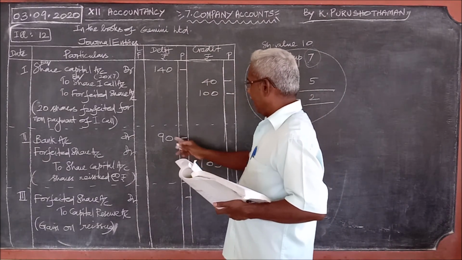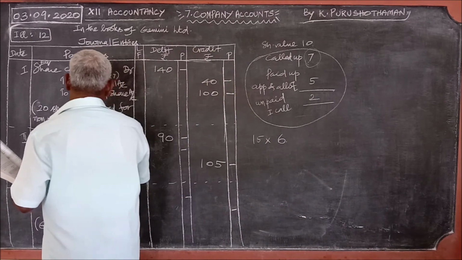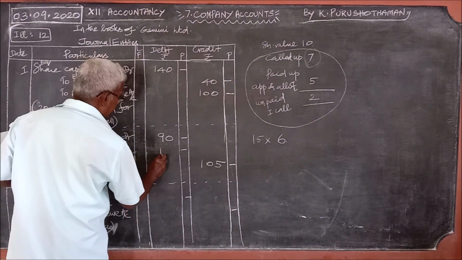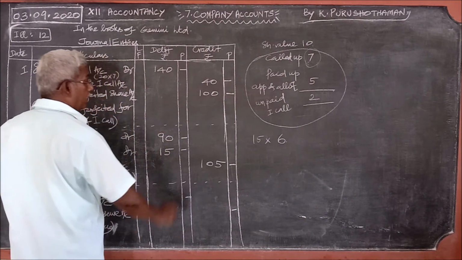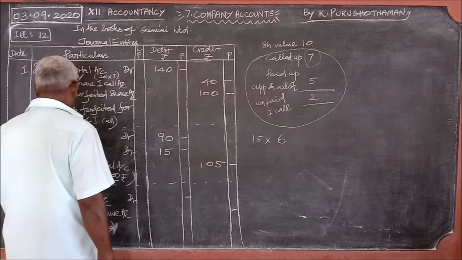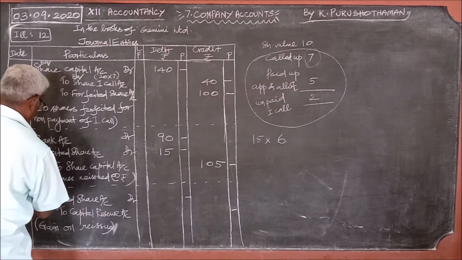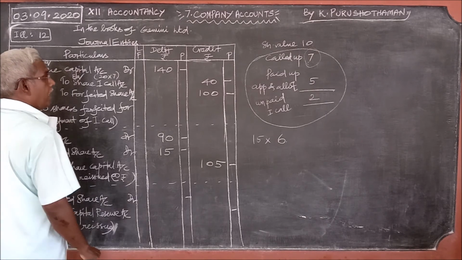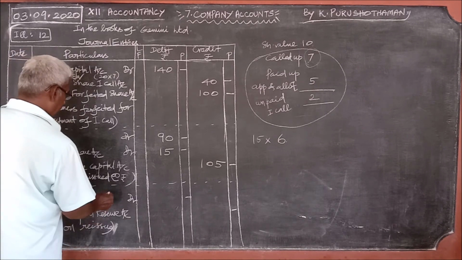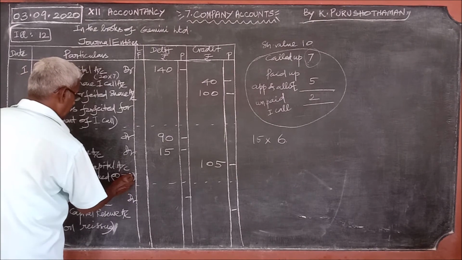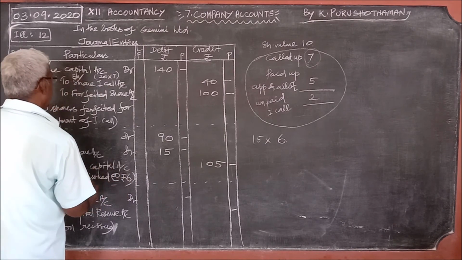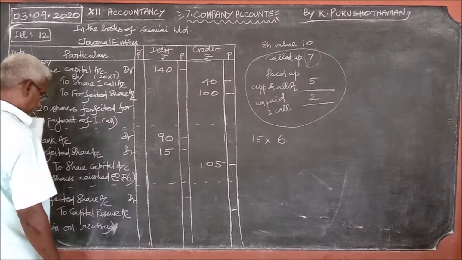This is, therefore, the balancing figure: forfeited share account will be 15. 15 shares forfeited, reissued at the rate of rupees 6.